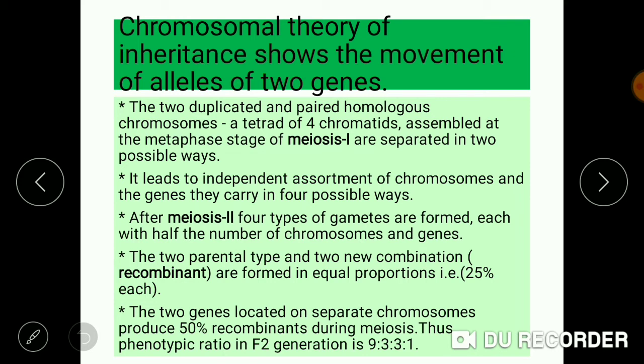And two genes located on separate chromosomes produce 50% of recombinants during meiosis, and thus the phenotypic ratio in the F2 generation will be 9:3:3:1.